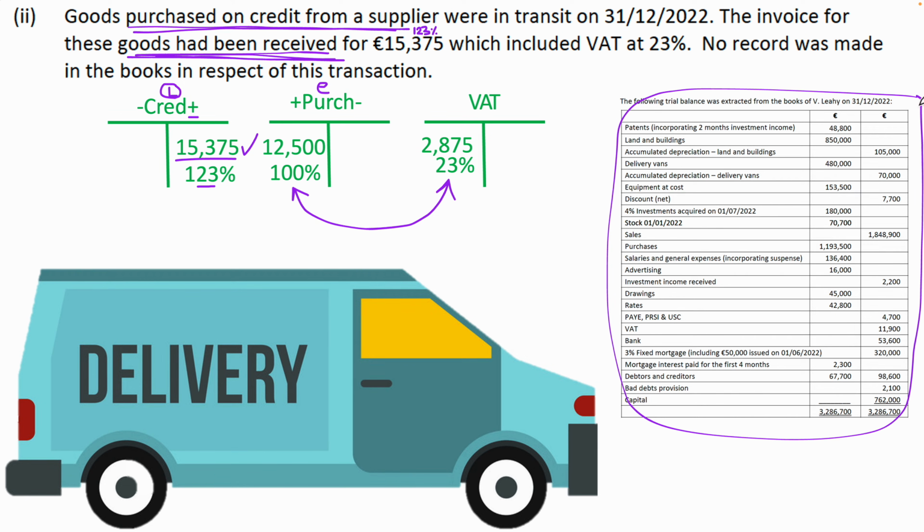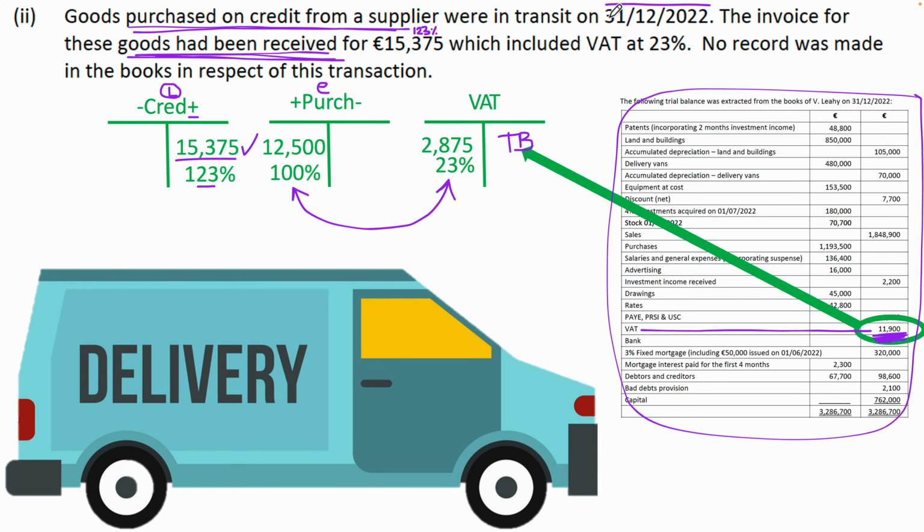I'd say you're wondering, right? I'm doing that to show you that the VAT here is on the credit side. So in the trial balance, this is where the VAT is, okay? So what we're going to be doing to the 11,900 is minusing 2,875 from it because it's on the opposite side, okay?